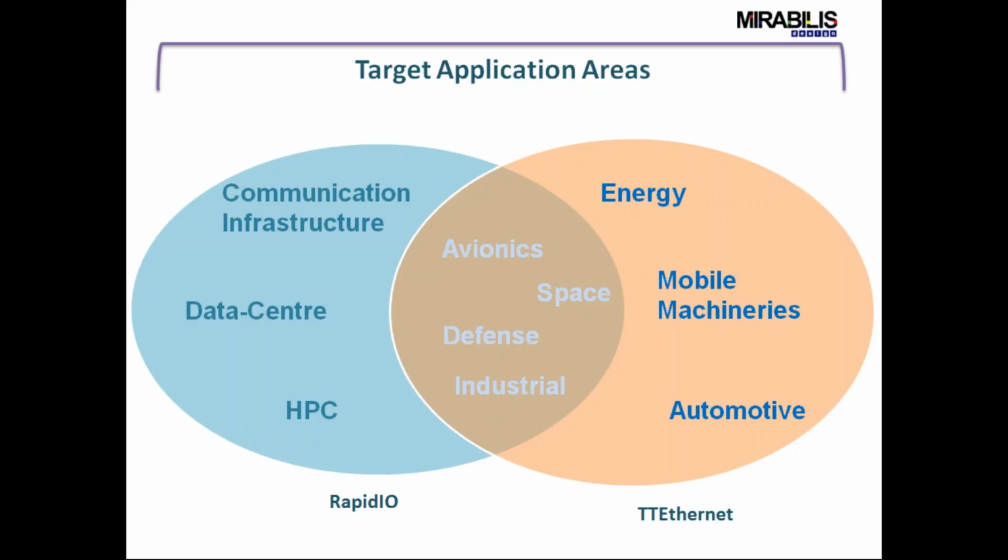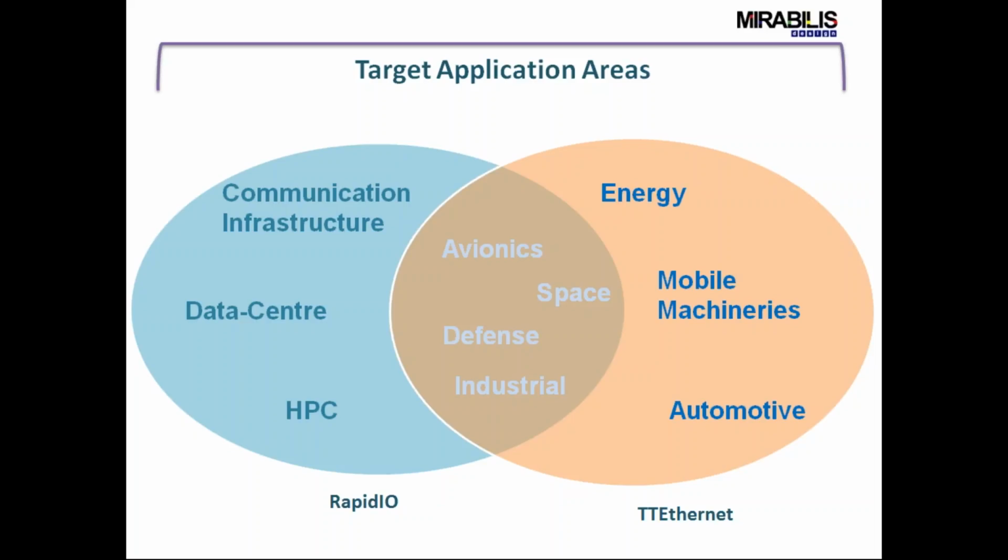In avionics, RapidIO has been used as a backbone technology predominantly for your next generation integrated modular avionics architectures. We are also seeing RapidIO as a deterministic high-performance interconnect in spacecraft, and both technologies are predominantly used in the areas of hard real-time embedded systems as well.